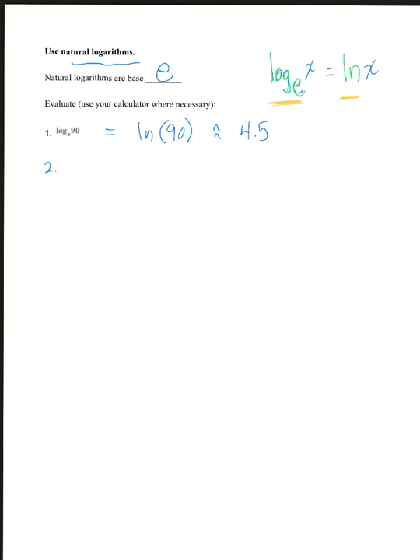So what if I were to give you log base e of e, which could be represented as ln of e? Well, in this case, hopefully you notice this, and you can rewrite this as just 1.